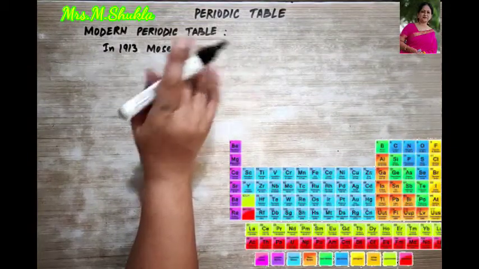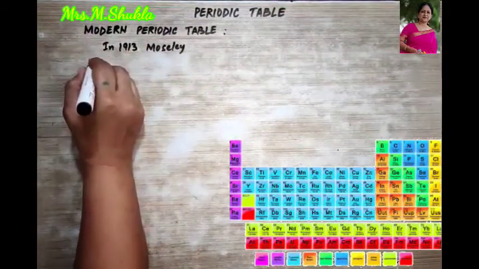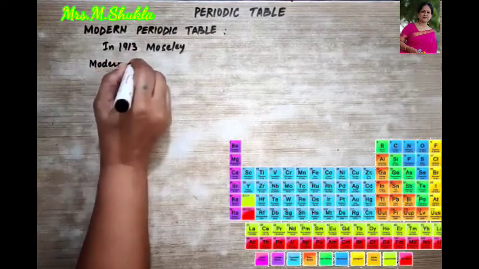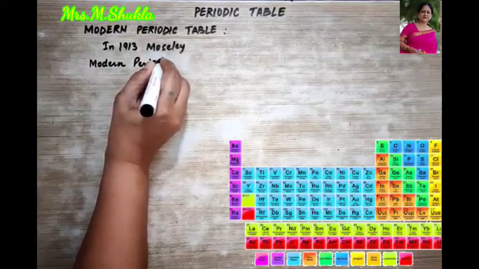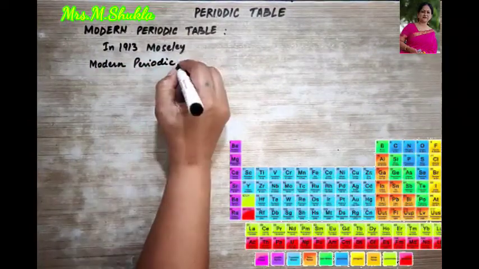Okay, so how can we define the modern periodic law? I had also given you this in my last video.